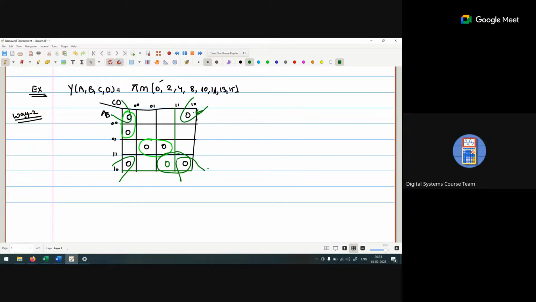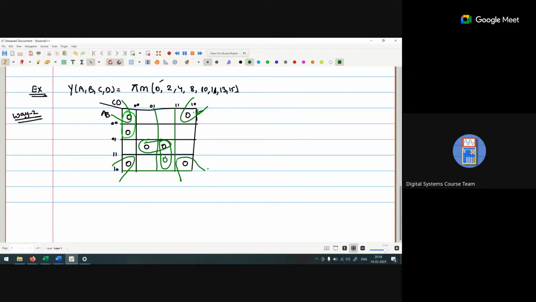Like if you see that this zero is available, one group is created. Now only one max term is in the group. If I create a group of one max term, four variable terms are defined. Now what should I do? To simplify this, we reconsider any other max term to create a group. Either I use this max term or this max term to create a group.